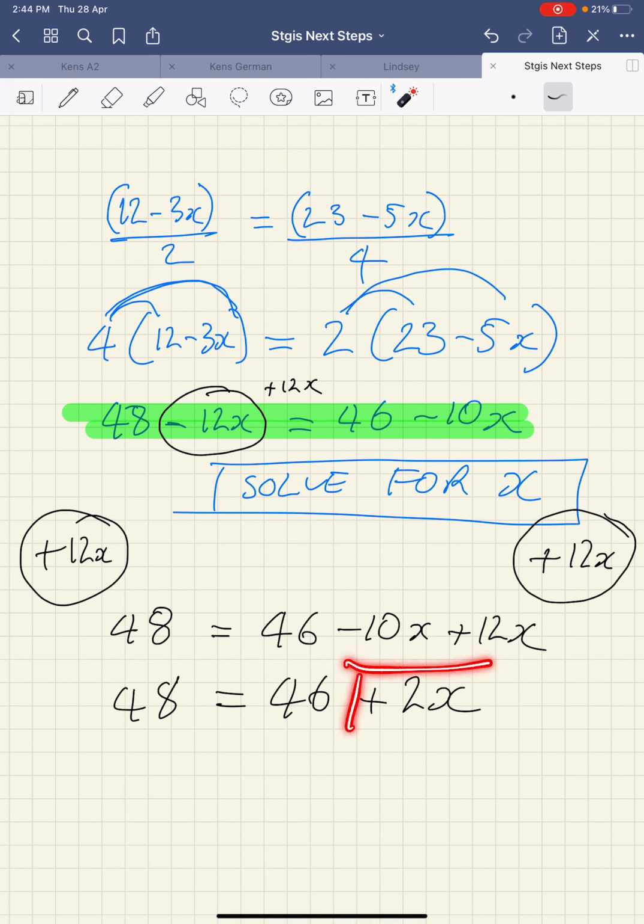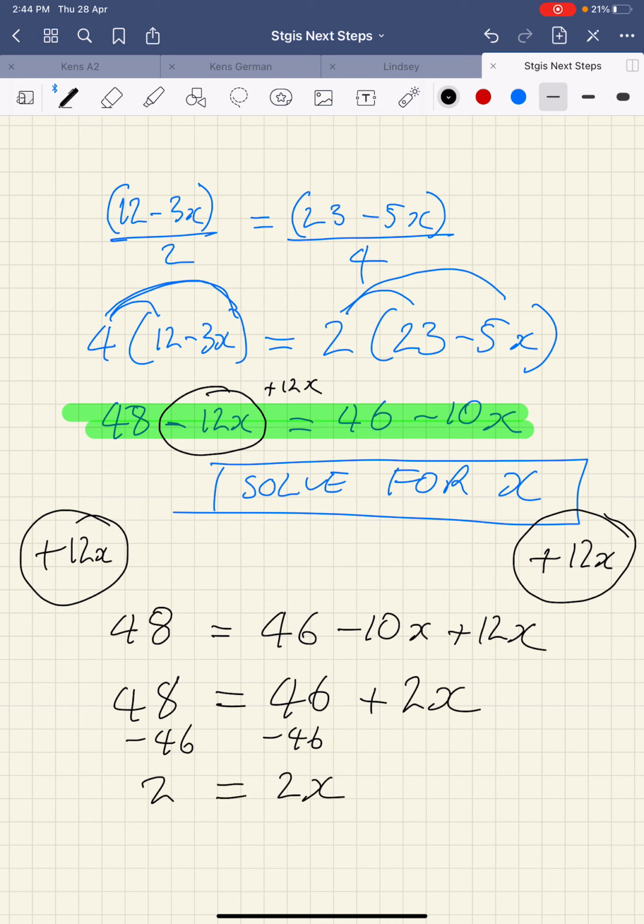Look, keep the 2x where it is, make the 46 to 0. Okay, so subtract 46 from both sides. Left-hand side is 2, the right-hand side is 2x, and now you can actually just go ahead and divide by 2. You'll find that x equals to 1.